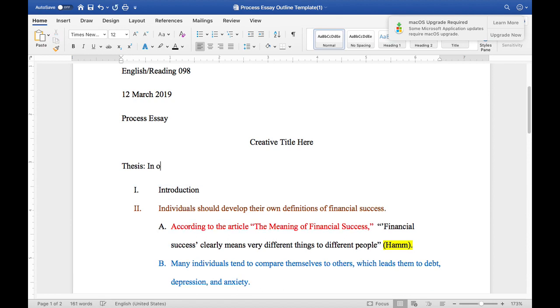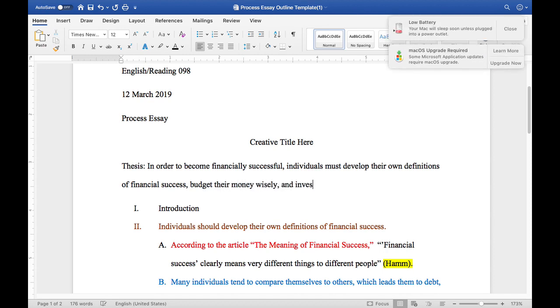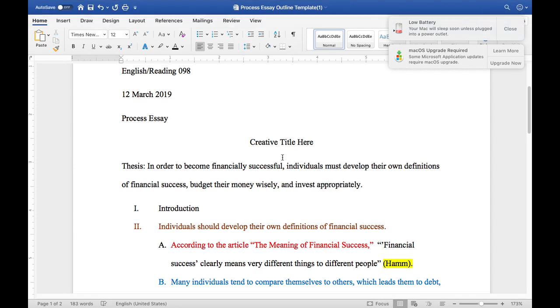So it'd be, in order to become financially successful, individuals must develop their own definitions of financial success, budget their money wisely, and invest appropriately. Okay, so now I have what I'm talking about right here, the 3 steps they need to take in order to become financially successful, and that is my thesis statement.